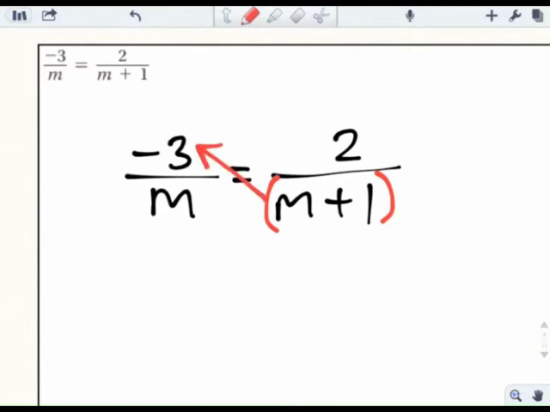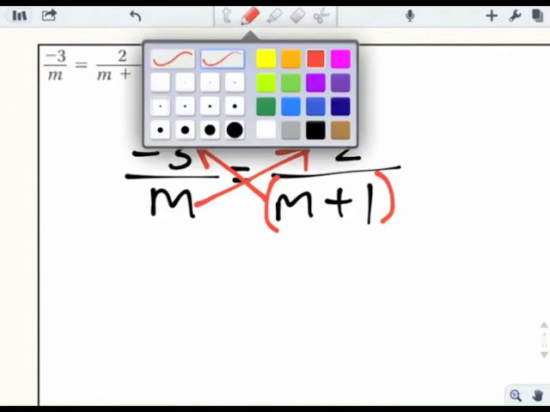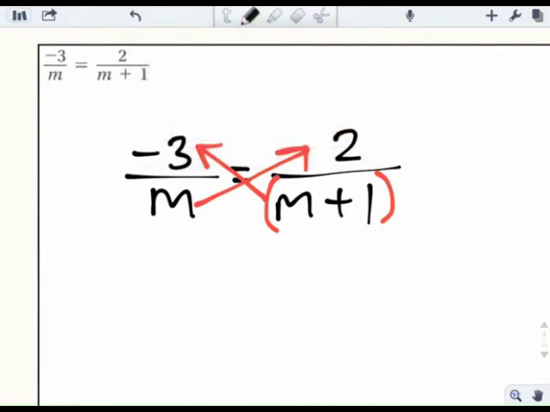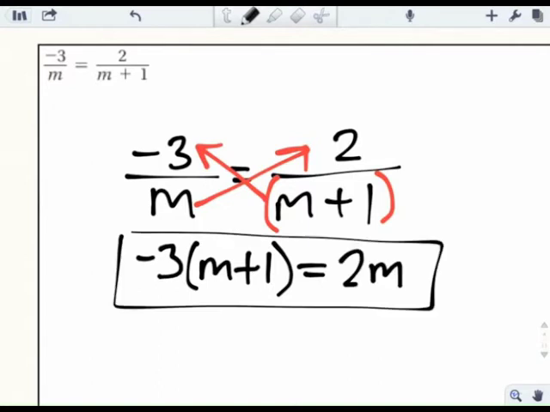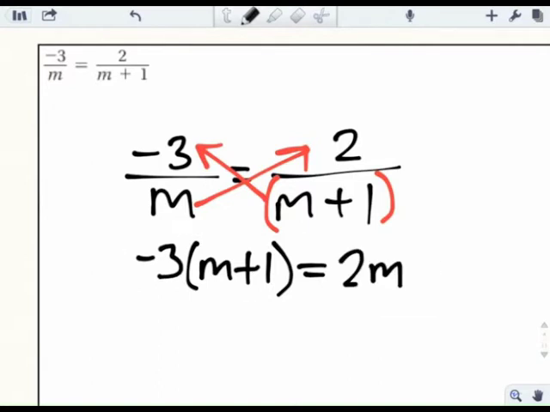So this is going to go over here, we're multiplying. This is going to go over here, we're multiplying. So the result of that is going to be negative 3 times m plus 1 equals 2 times m. Now this right here is an equation that you know how to solve.